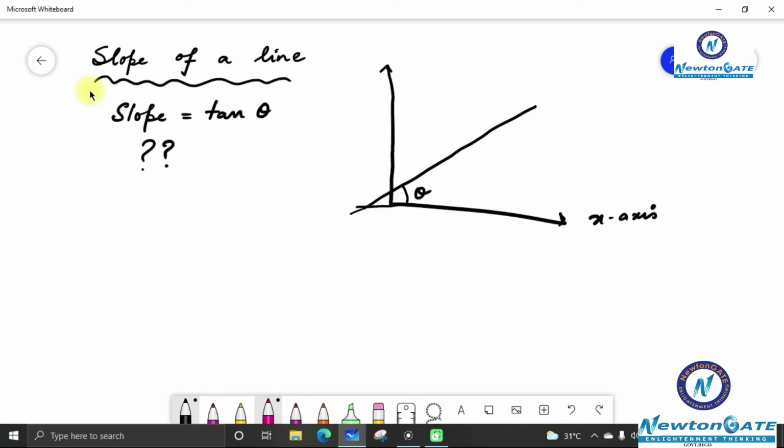So this inclination of the straight line is called the slope. But how do we get tan theta and what is the exact formula of this slope is what we are going to learn now.